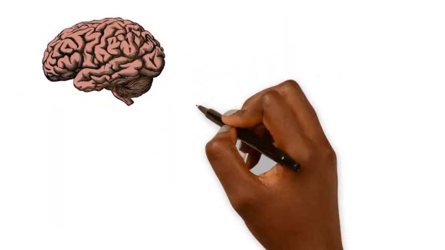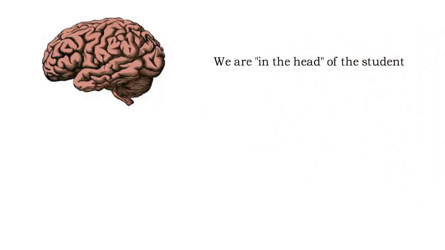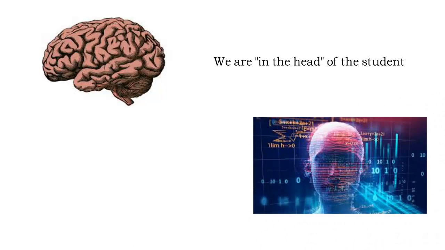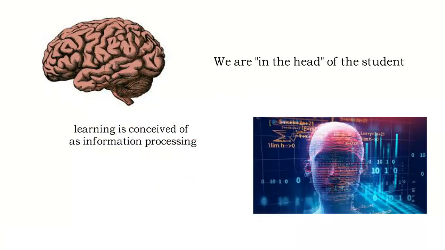This model benefits from the contribution of neuroscience, that is, we are in the head of the student, different areas in action, connections between hemispheres, and so on. But also cybernetics and computer science, that is, learning is conceived as an information processing.